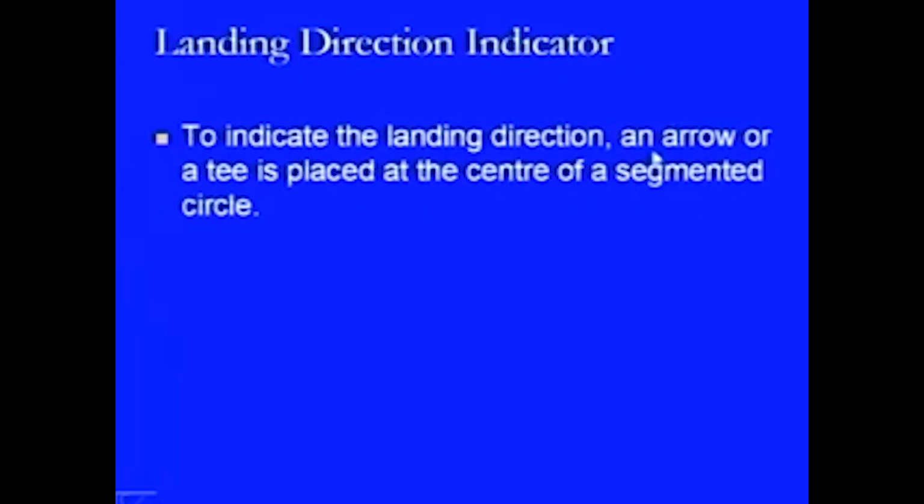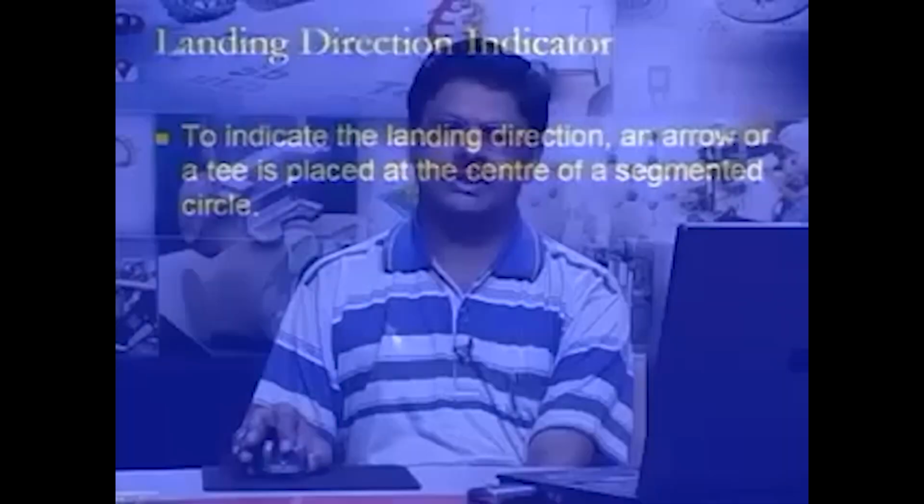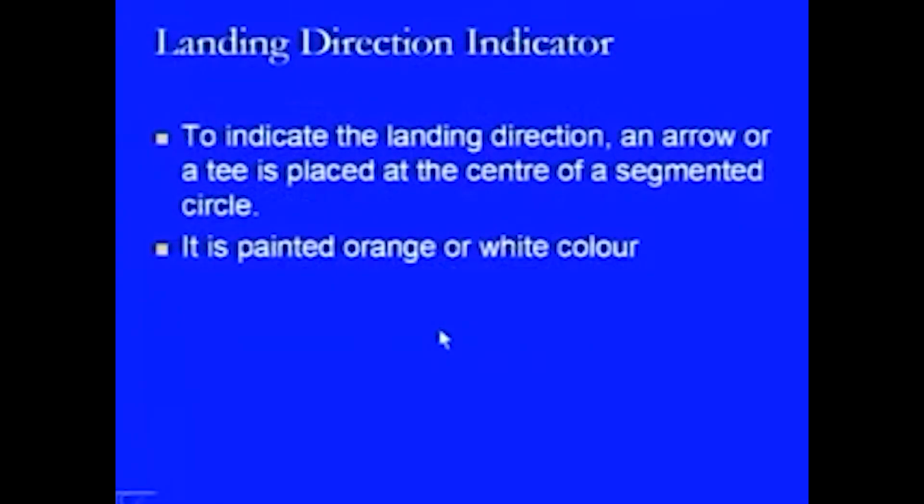So, if it is not in the form of an arrow, then there can be a segmented circle, that is, a circle provided with cut-off lines, and then in the center of that segmented circle there can be a T shape located. It is painted orange or painted white in color. So, these are the two colors which can be used for this landing direction indicator.